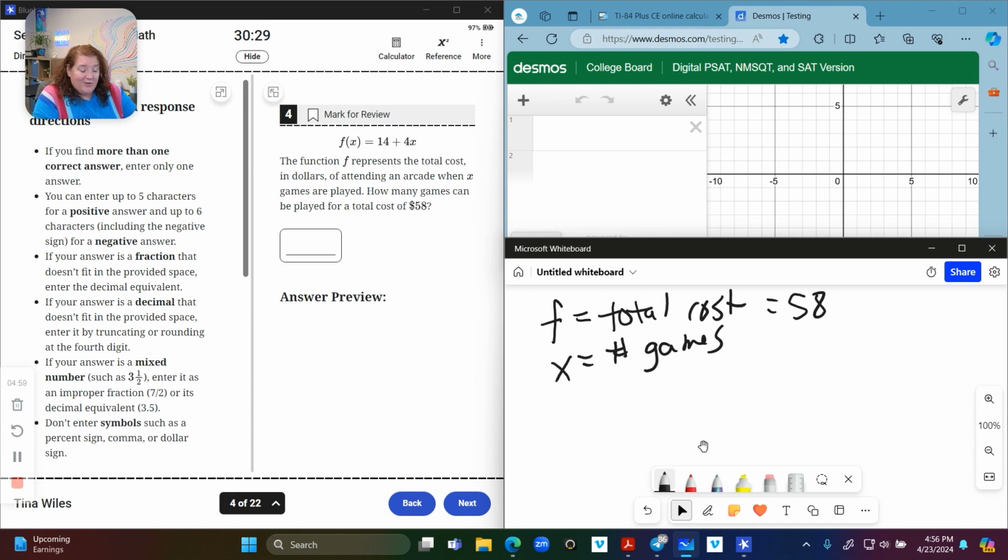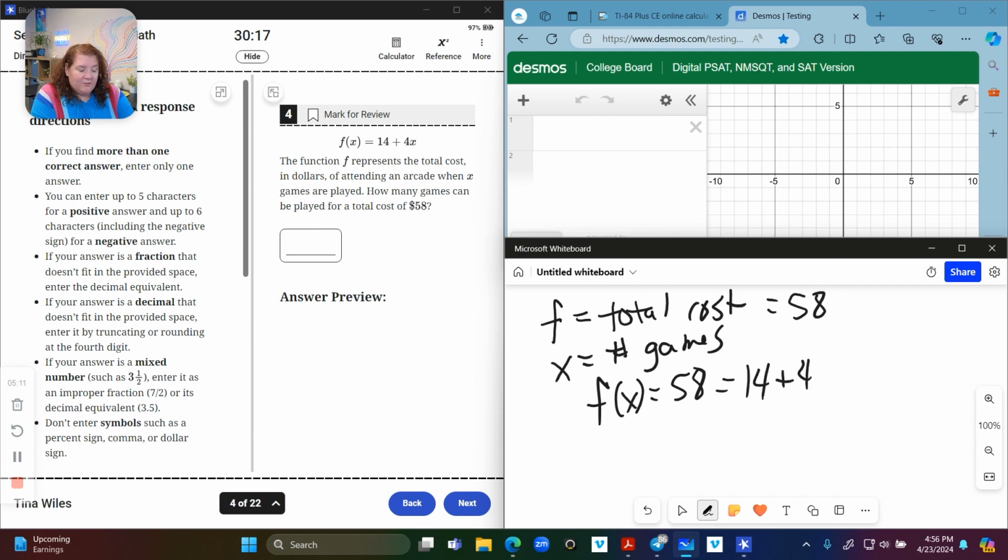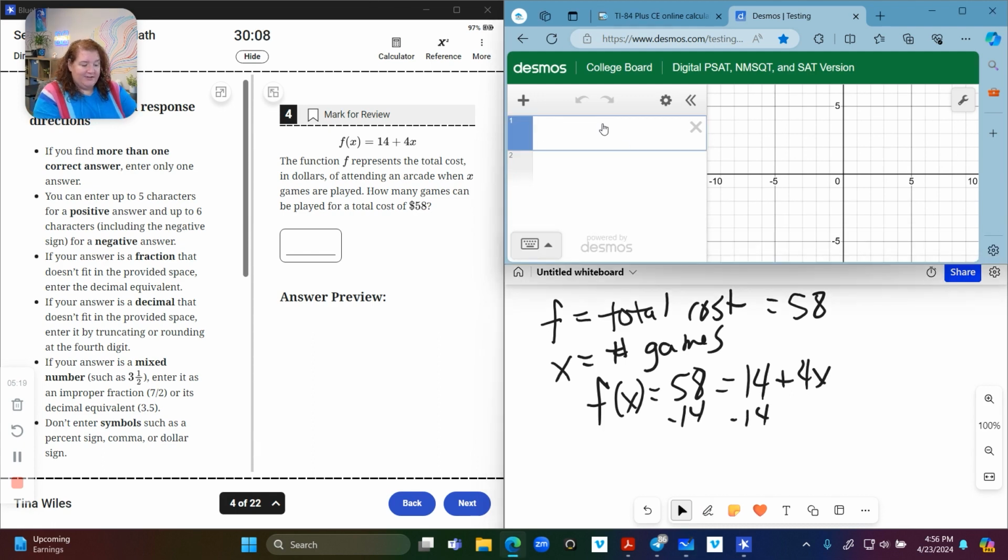So now if I use this equation, we know f of x, which we just said is 58, equals 14 plus 4x. So I want to solve for x. I'm going to subtract 14 from both sides. I'm just going to do it here in Desmos since it's a little bit bigger. You can get it within the software by clicking the calculator button.